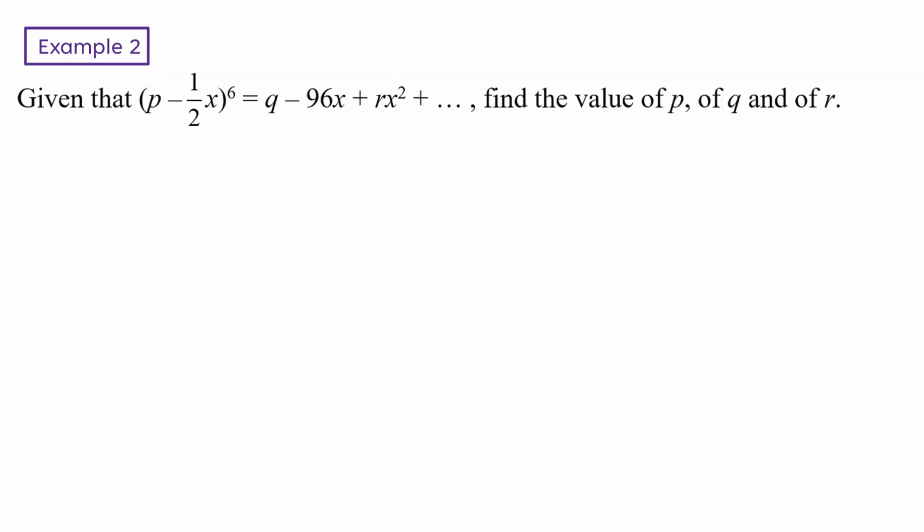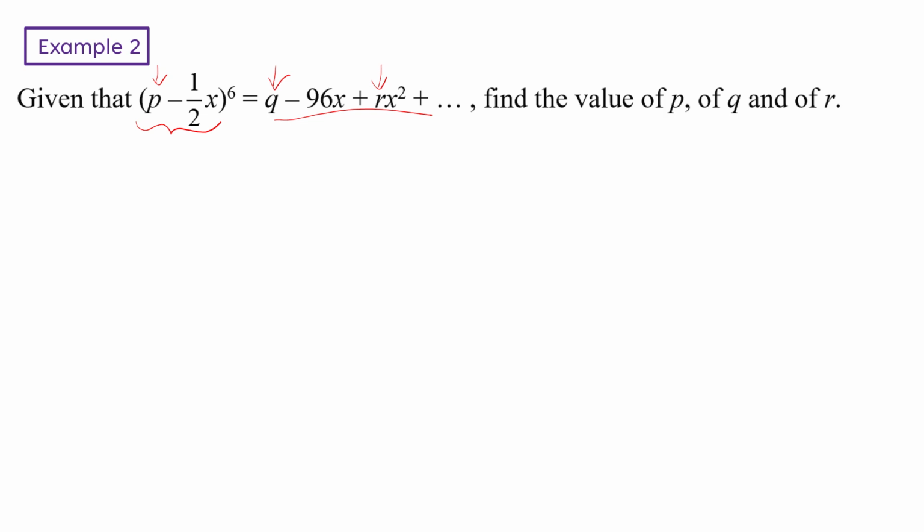Let's look at example 2. In example 2, we are told that this expansion is equal to q minus 96x plus rx squared. And we're asked to find the unknowns q, r, and p. So what do we do?